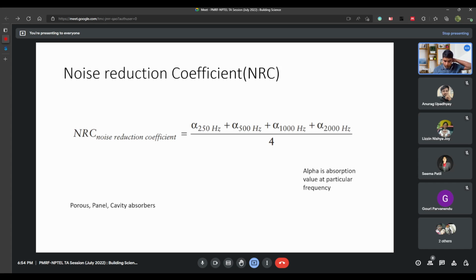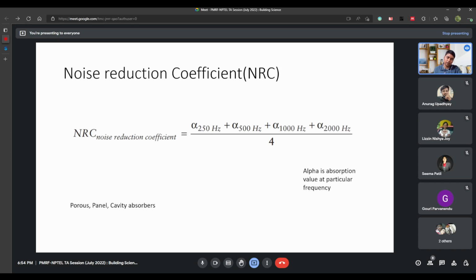At the start of the session we already saw the concept that sound has different frequencies. Sound can be produced at different frequencies, and each frequency will have its own pressure level.